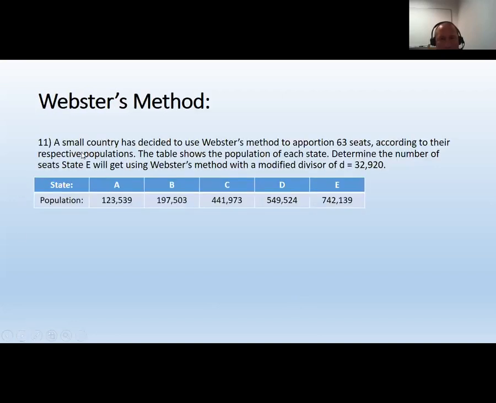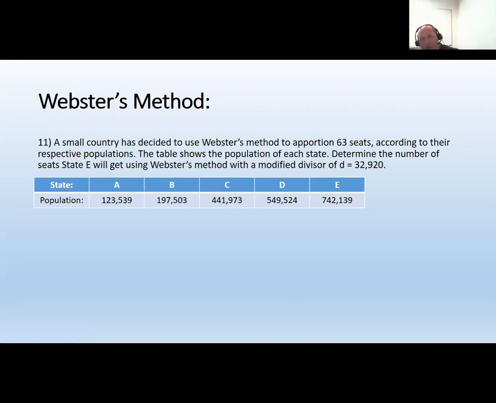What about this problem, Webster's method? A small country has decided to use Webster's method to apportion 63 seats according to their respective populations. The table shows the population of each state. Determine the number of seats state E will get using Webster's method with a modified divisor of D equals 32,920.